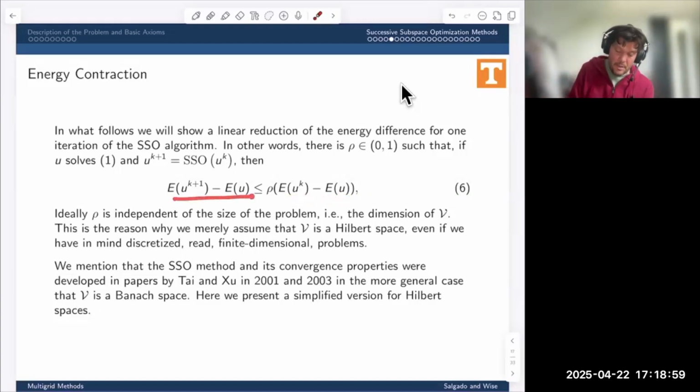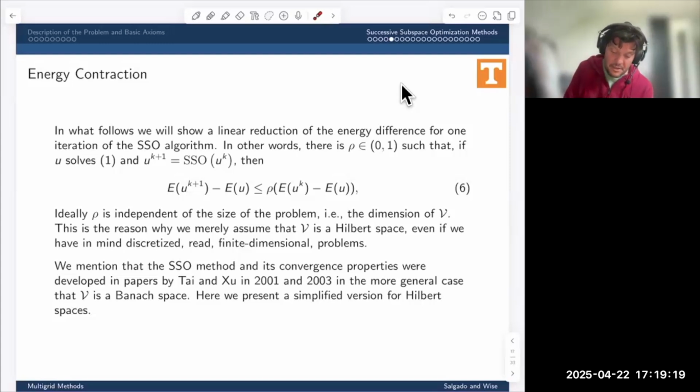Same here. But what I want to do is show that I get a contraction of the energies. If I can show that I get a contraction of the energies with a linear rate of contraction, then I can prove that I have a convergent method. I can prove that I converge in norm or in any other sense that I want.